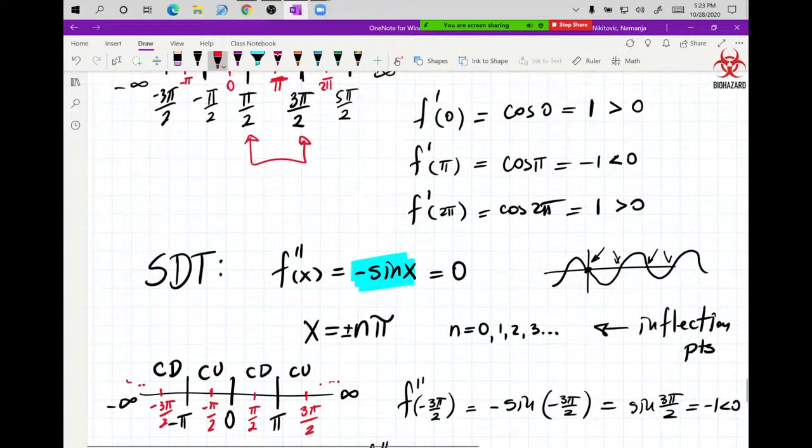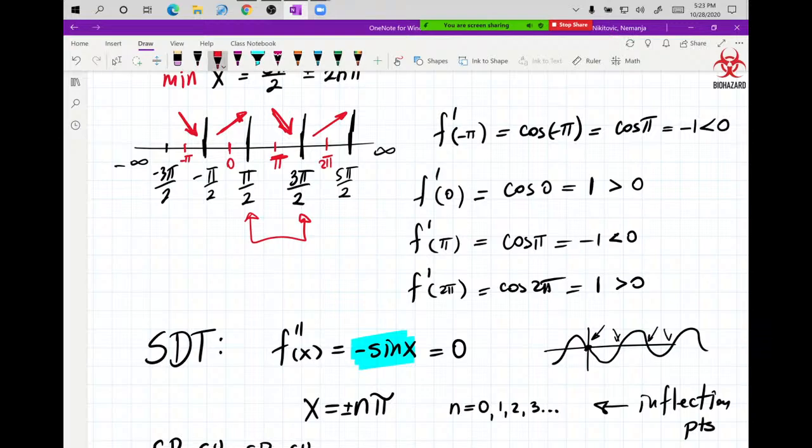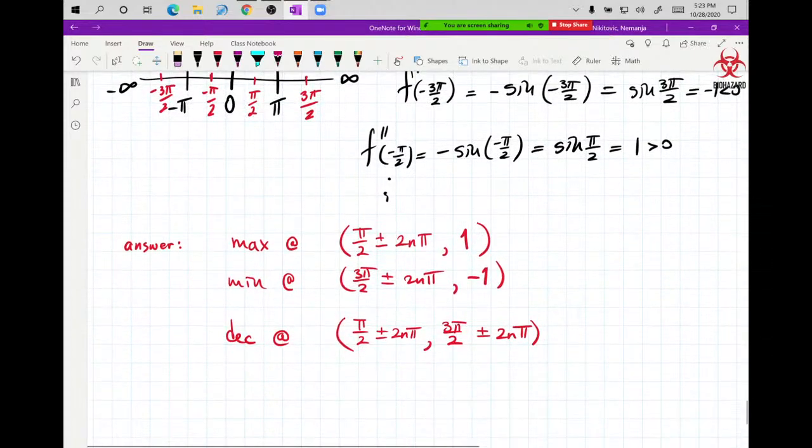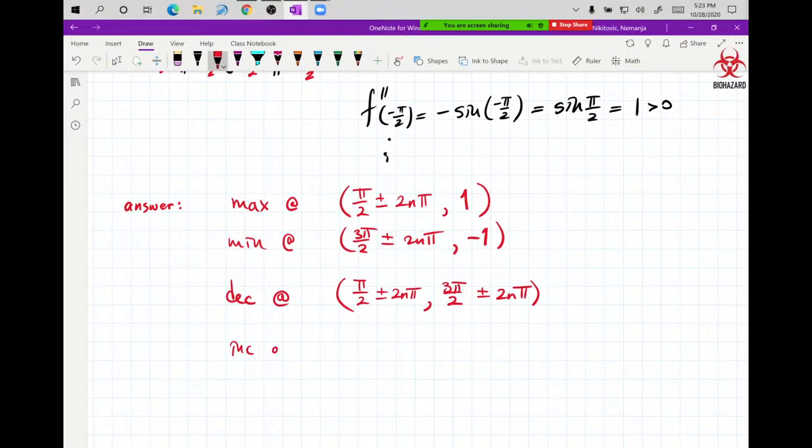So that was the decrease between the two. And now increase, you can use this one or you can use that one. I don't care which one you use. For increase, pick any one of them. I'm going to pick this one because usually that's the one, because it's symmetric. So increase at negative pi over 2 plus minus 2n pi, pi over 2 plus minus 2n pi for increase.